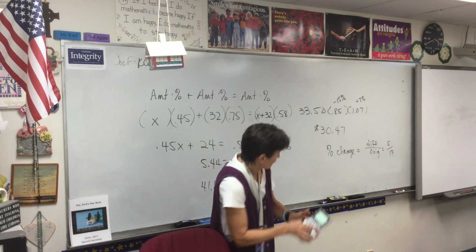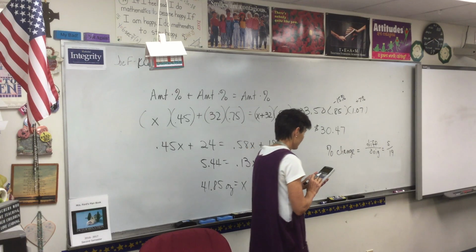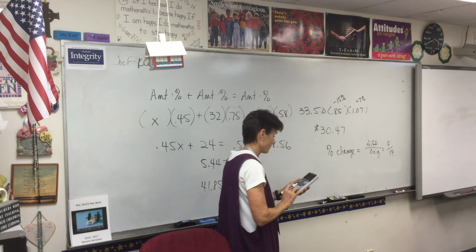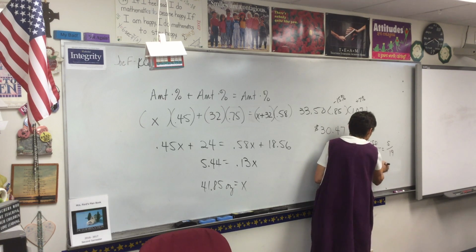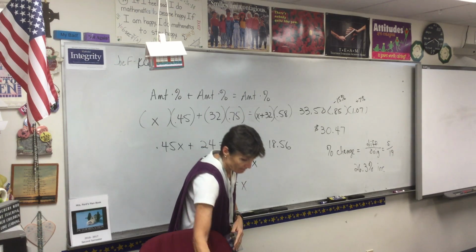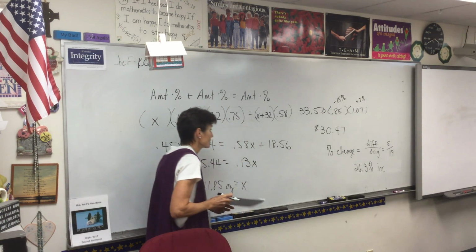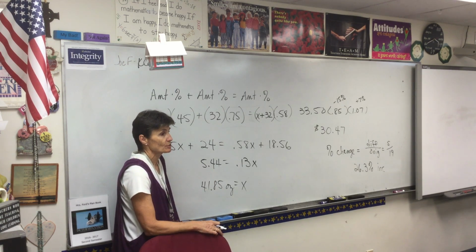That's 26%, so whatever that is. So they won 26.3% more games. That's an increase. So 26.3% increase is the answer to the question. That's all there is to it.